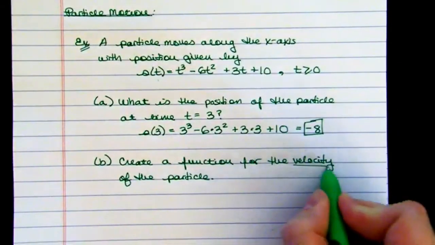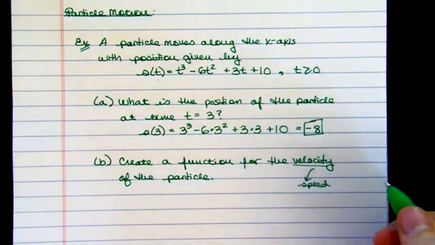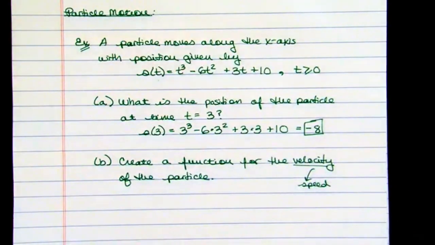Velocity is basically the speed of the particle. How fast is it moving? Not totally, though. Those of you who've taken or are taking physics know that velocity also has a direction associated with it. So it's speed with direction. Are we moving quickly to the right? Are we moving slowly to the left?